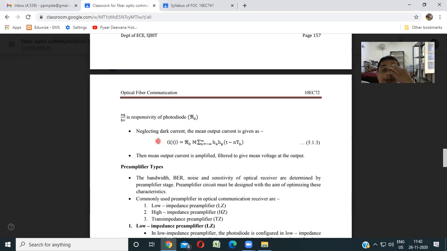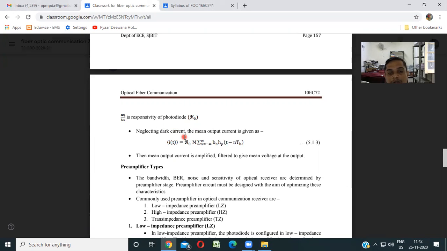Here, if you neglect the dark current, which I already explained is a type of noise. It arises when there is no incident optical pulse on the photodetector, and a small current is still generated in the circuit.